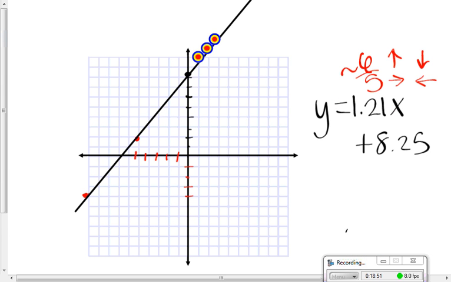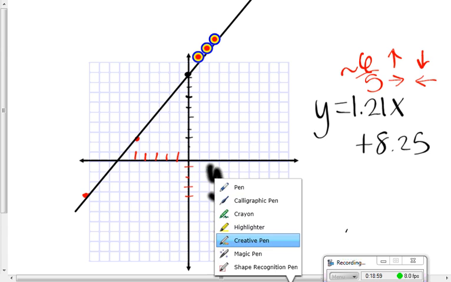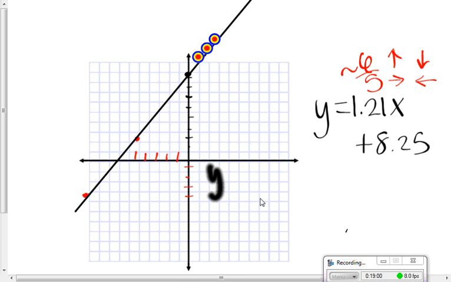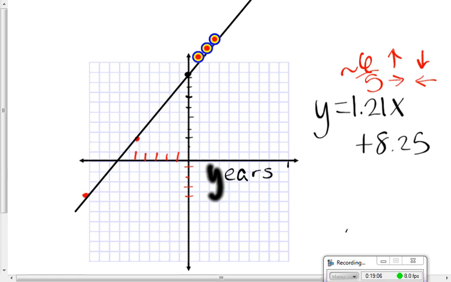So, on our x-axis, we have the year. Okay. We have the year. Not helpful. All right. We have the years since 2008, right? And on the y-axis, we have our cost.